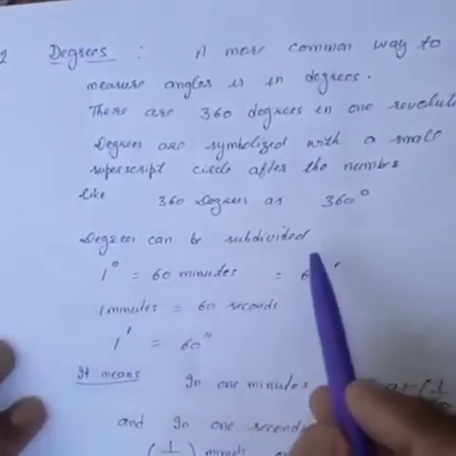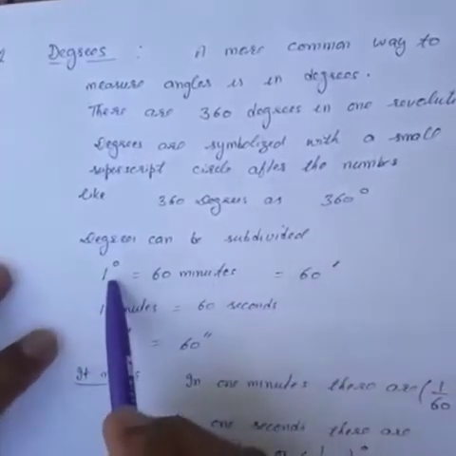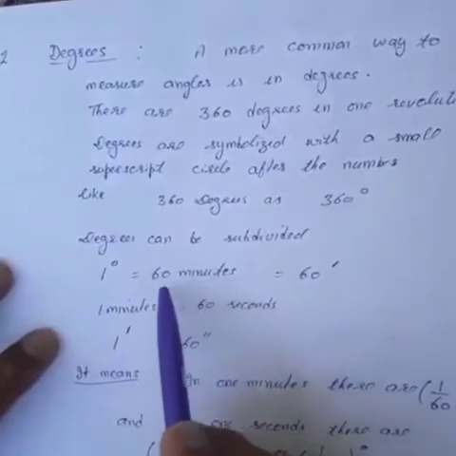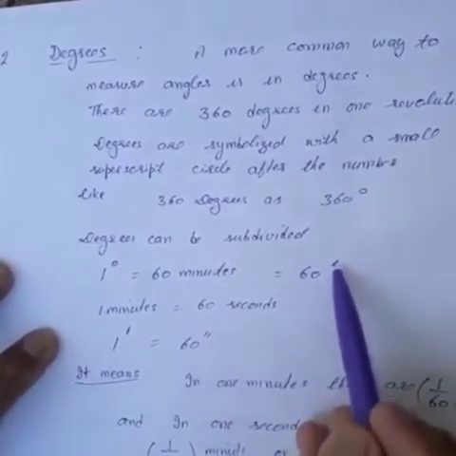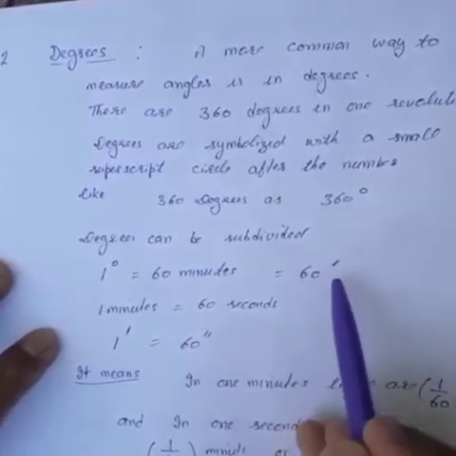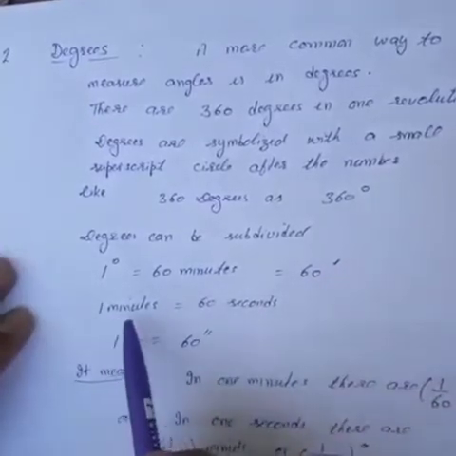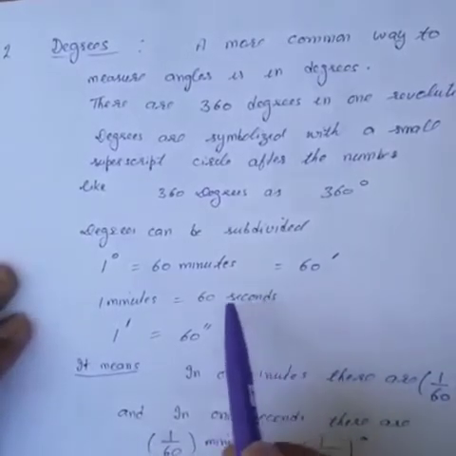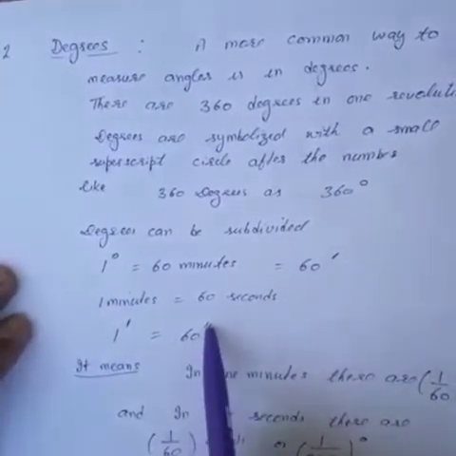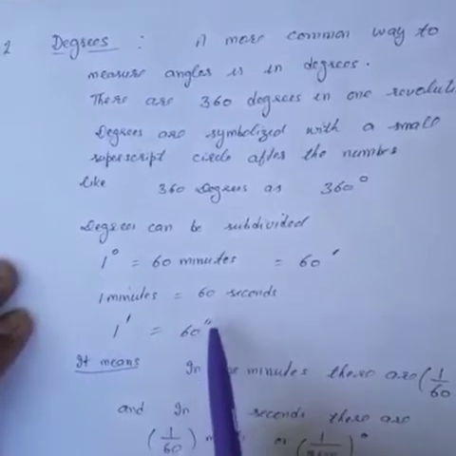Now a degree can be subdivided. So 1 degree is equal to 60 minutes. In symbols we can write 60'. This single dash represents minutes, so we will pronounce it as 60 minutes. Similarly 1 minute is equal to 60 seconds. And in symbols seconds can be written like this. A double dash means seconds, so 60 seconds.